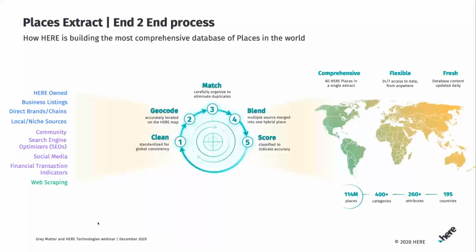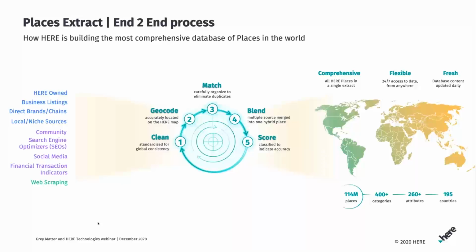Next to that, of course, we also get business listings from many different sources, where in a certain area or region or country we get all the different activities of commercial businesses that are out there.